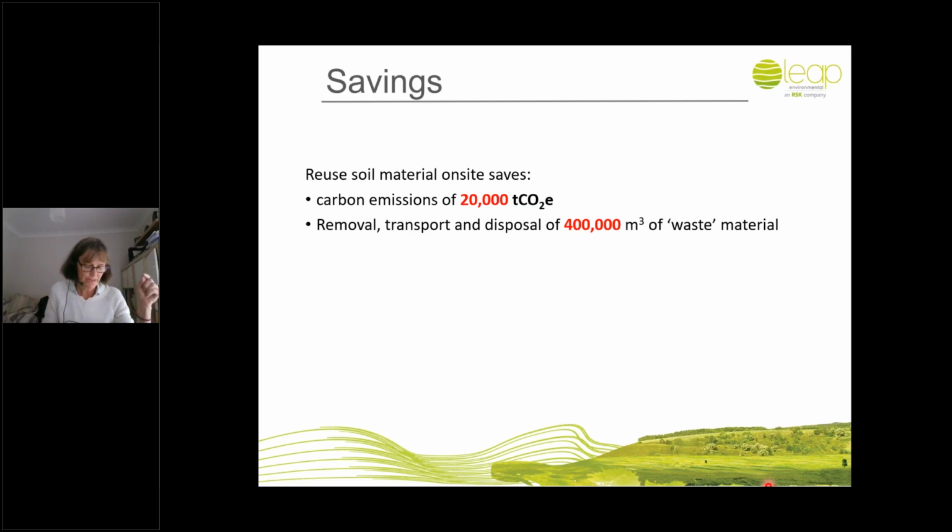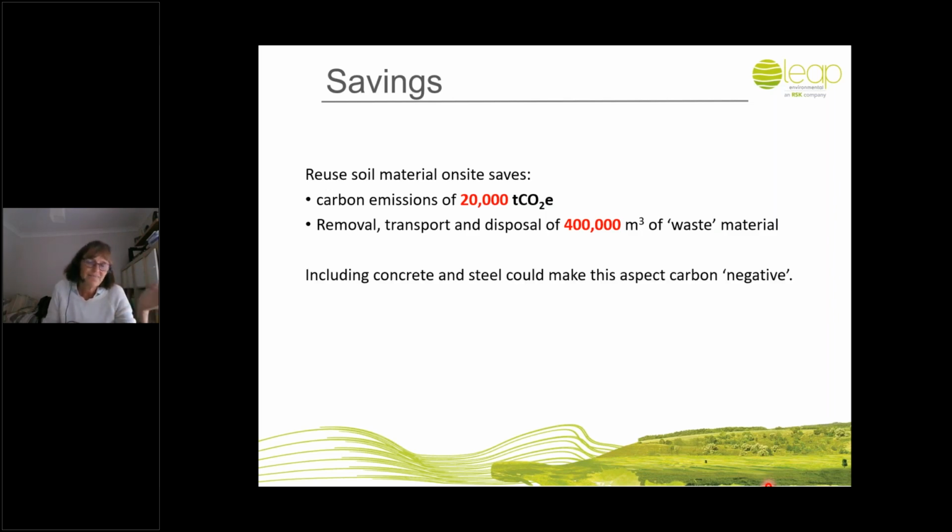But you have to realize what goes with that. I think the main thing is it's not just carbon. The whole sustainability comes in here. If you don't remove, transport, or dispose of 400,000 metres cubed of waste, then apart from the carbon, the local community in Surrey would probably be quite happy that all this stuff's not being transported around past them. So it's a massive saving in that scheme as well.